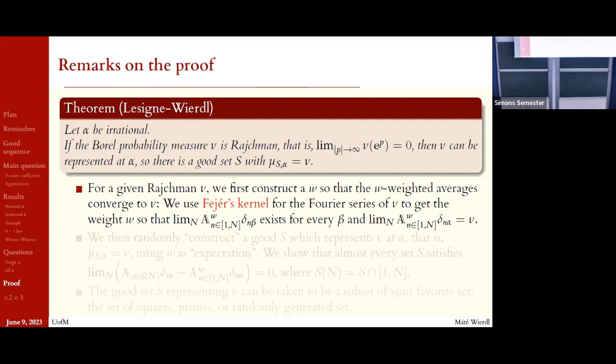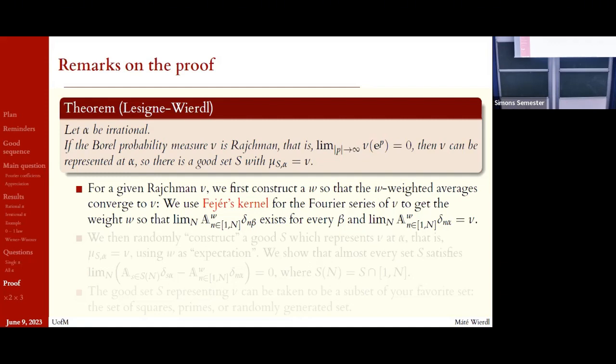But anyways, that's what we do. We take the arithmetic average of the partial sums of the Fourier series of the measure. And in this way, doing some manipulation, we get a weighted sum.